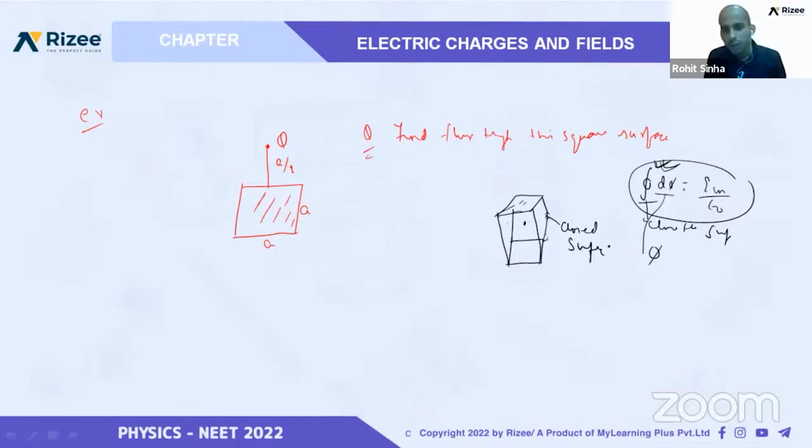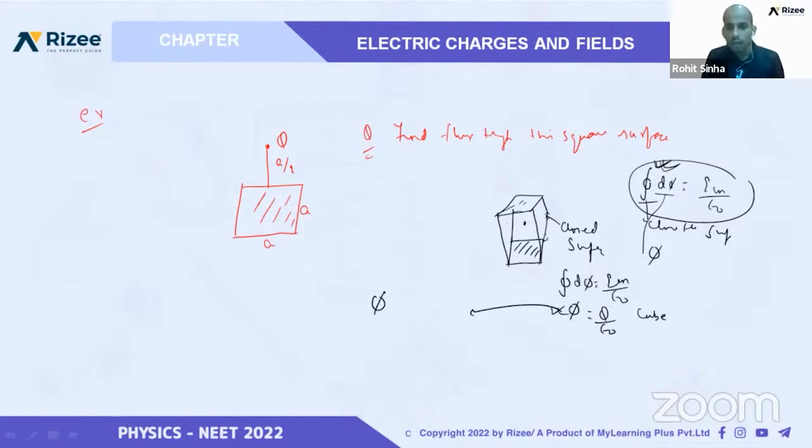If it is a closed surface, we can apply Gauss law, and we will say that integration of d phi is equal to Q enclosed by epsilon naught. Now Gauss law is valid here. So we will get flux is equal to Q enclosed by epsilon naught. This is for the cube. Now for one surface here, we have to find for this.